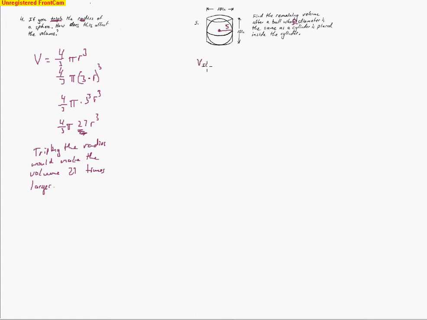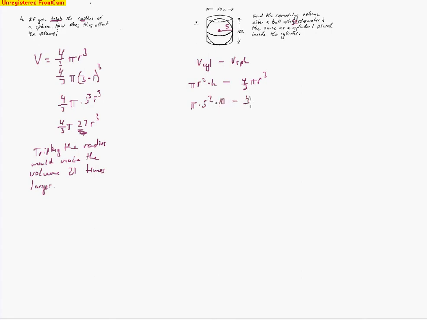We're going to find the volume of the cylinder, and we're going to subtract the volume of the sphere. And so we've got pi r squared times the height. We're going to subtract that 4/3 pi r cubed. And so when we do this, we've got the radius, which is 5, squared times 10, which is the height.